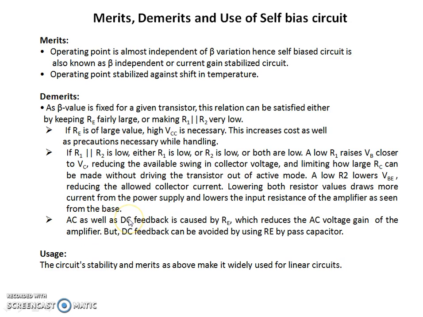Also, AC as well as DC feedback is caused by RE, which reduces the AC voltage gain of the amplifier. But AC feedback can be avoided by using an RE bypass capacitor.